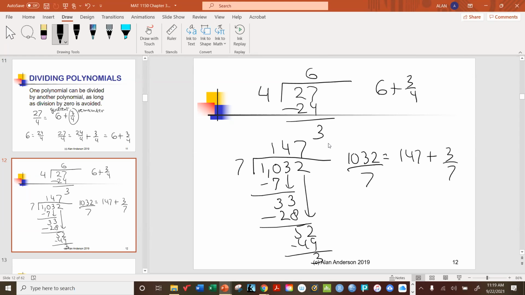Or alternatively, you can write this as 1032 equals 147 times 7 plus 3.